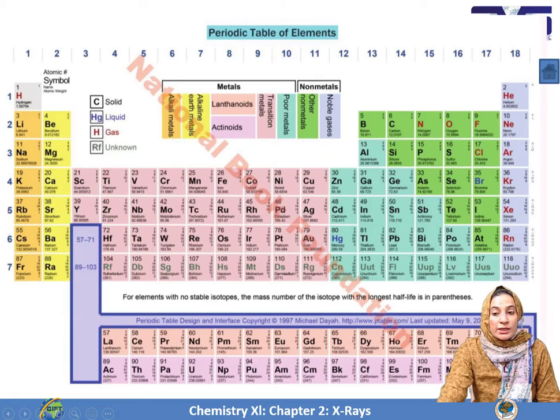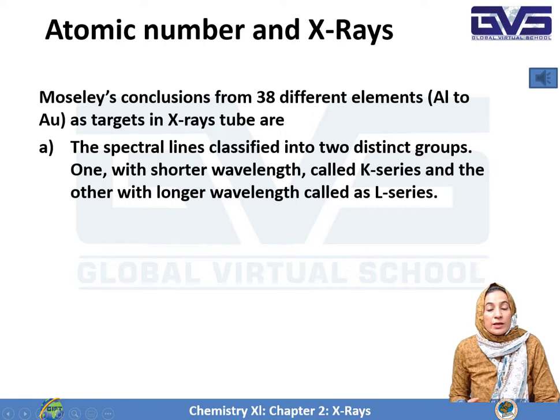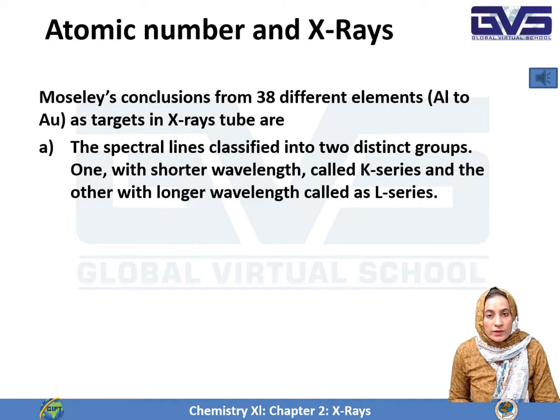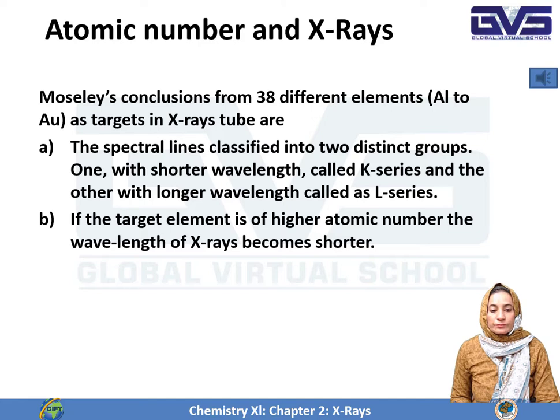So he used 38 metals as a target metal, target anode, to observe the X-rays, and he observed that the spectral lines were classified into two distinct groups. One spectral line of the X-rays with short wavelength is given the name K series, and the other spectral lines of the X-rays with longer wavelength are given the name L series.